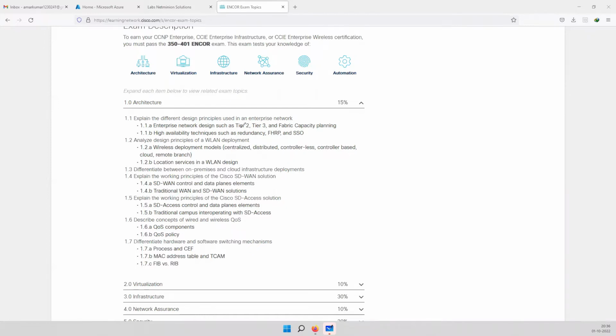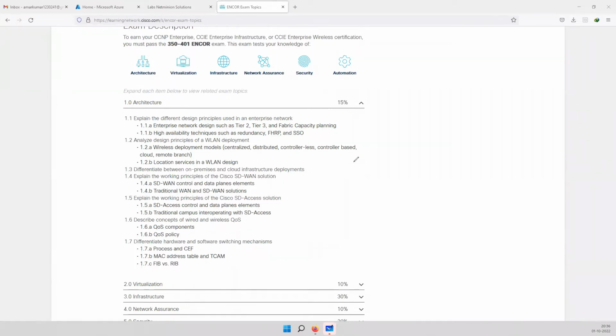We have different types of network design. Basically we can go with the 2-tier design or 3-tier design. And fabric capacity planning is about how much bandwidth a particular network would support.